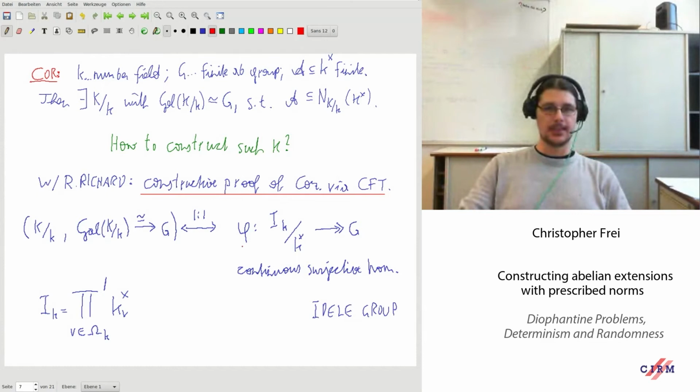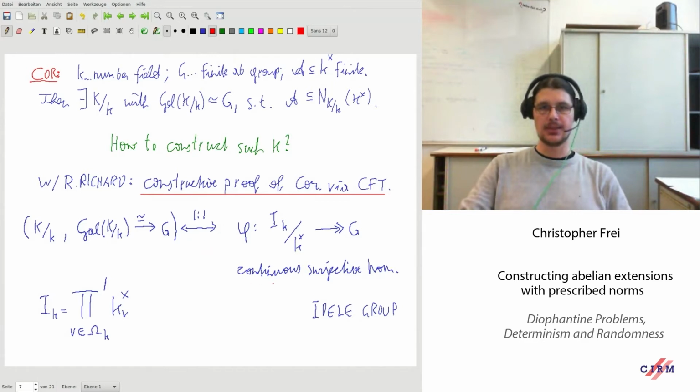So here is a summary of the facts from classical theory that I'm going to use. It says that extensions, capital K of little k, together with an isomorphism from the Galois group to our prescribed group G, so these pairs of an extension plus an isomorphism, are parameterized one-to-one by some other objects.